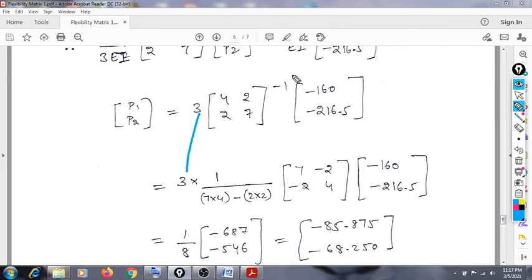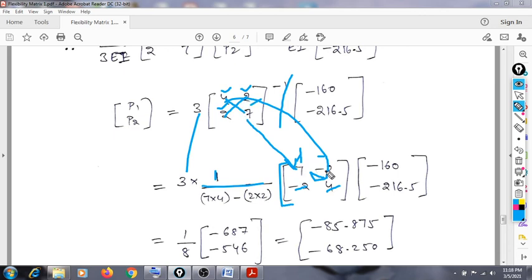And how to make this inverse of a general matrix: suppose this is A, B, C and D. We take 1 by AD minus BC, so 1 by 4 into 7 minus 2 into 2, into the matrix given as D, minus B, minus C, and A. That A will go here, B will come here, here we have 7, this will come here, and this 4 will go downward, and here we have 2.